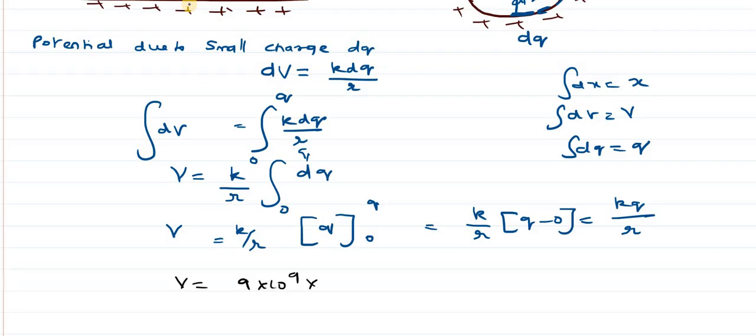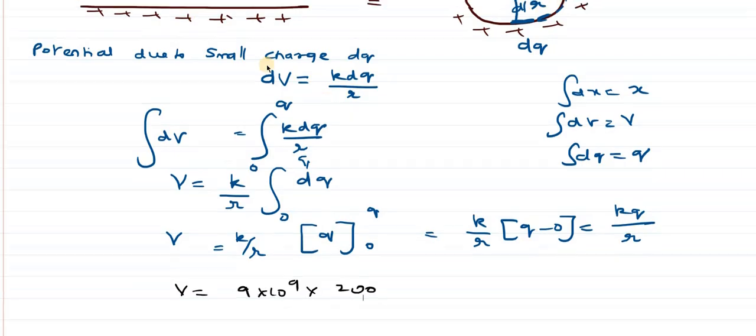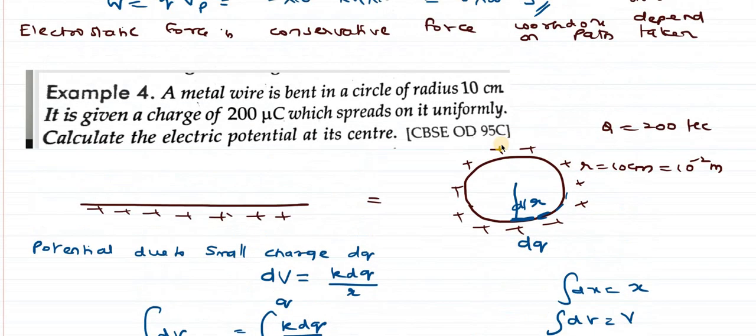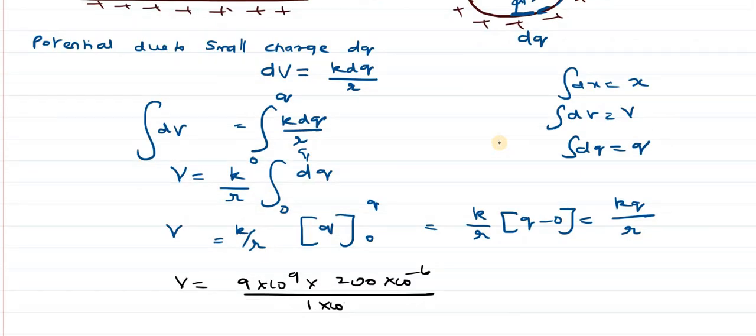Okay. So now what is the value? 9 into 10 to the power 9. Q value is what? Is it given? 200 microcoulomb, I believe. 200 microcoulomb divided by R value, which is 10 centimeter. Sorry, just let me see. 10 centimeter, 10 power minus 2 meter.